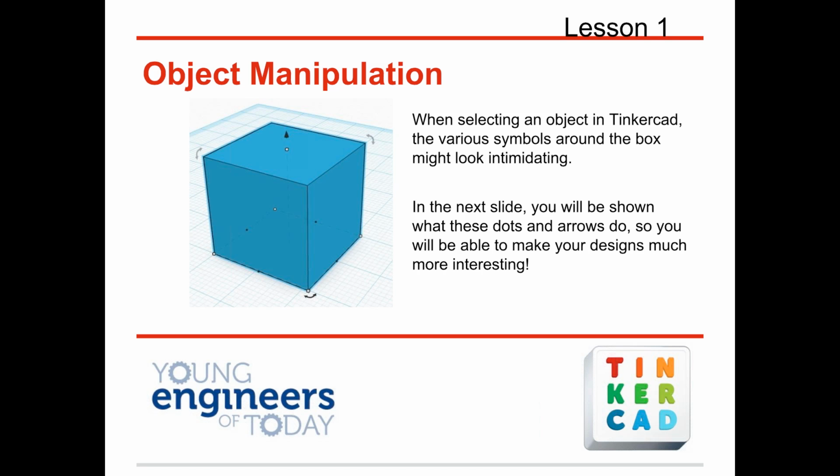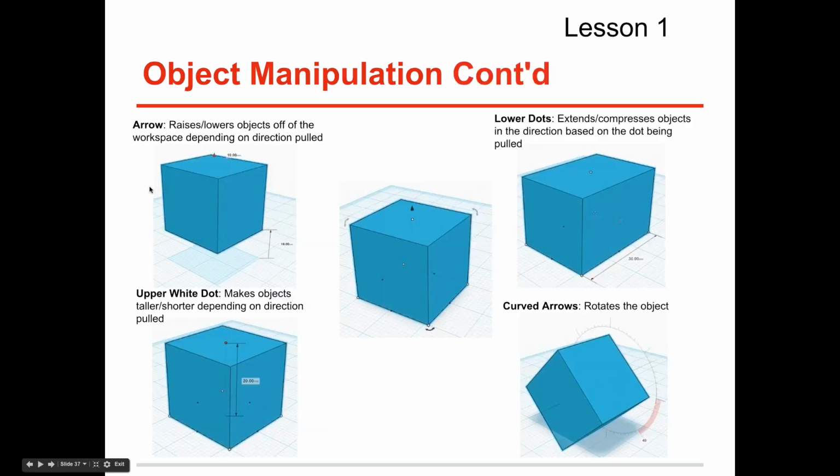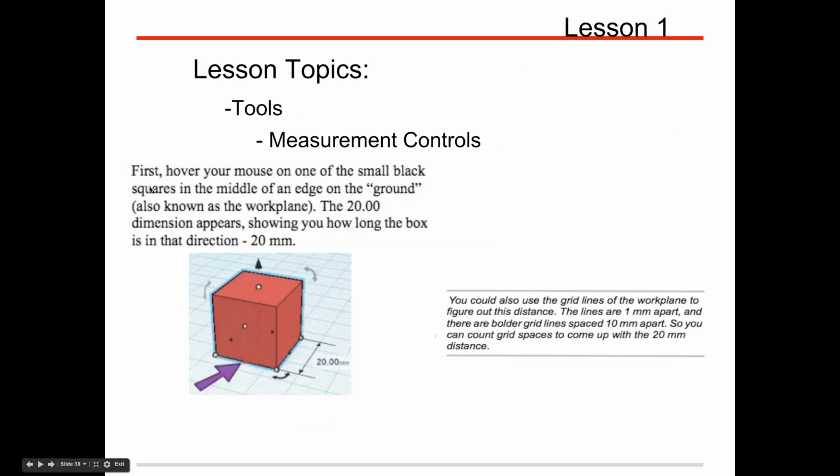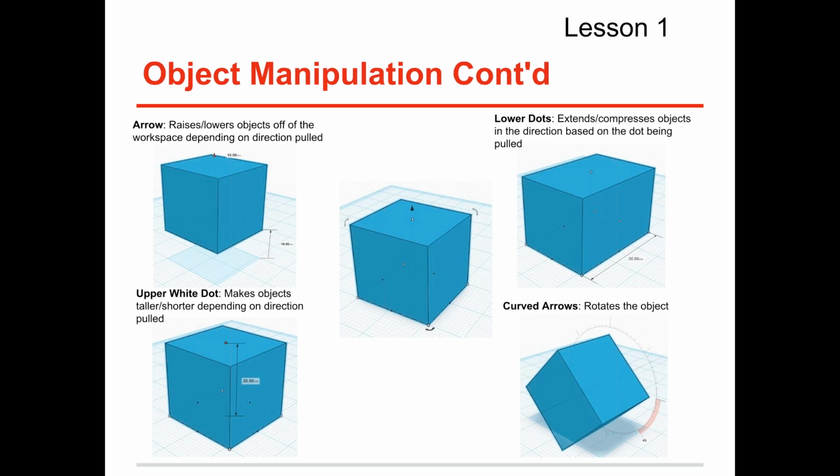All right, thank you. Last class we started looking at Tinkercad, and we created your account. We did some exploring of the Tinkercad community, as well as a little bit of experimenting. And then we went into object manipulation. And just a quick review, we learned that there are different ways you can change the shapes of each object by moving the arrows.